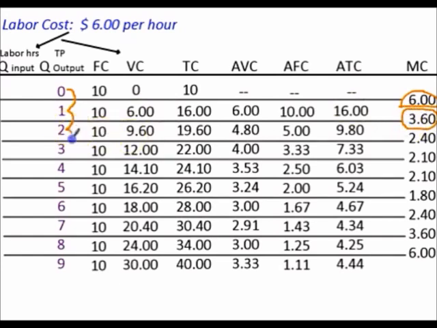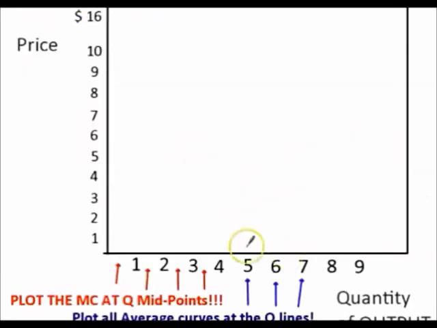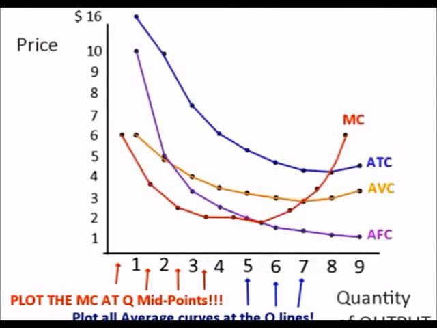Midway between 2 and 3, so at 2.5 on the x-axis, put 2.4 on the y-axis, okay? Plot the marginal cost at quantity, x-axis only, midpoints. The average curves at the Q lines. If you do this properly, boom, that's what it's going to look like.